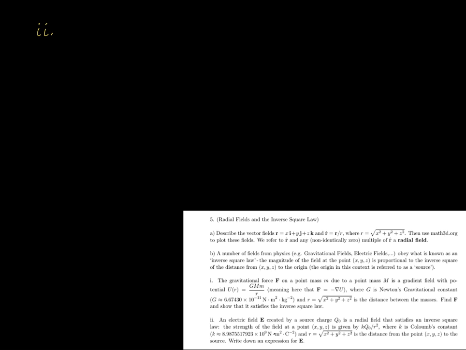It's okay if these units and some of these terms are not familiar to you, but in any event, r is just this same quantity as before, the distance from the point x, y, z to the source. Our job is just to write down an expression for E.